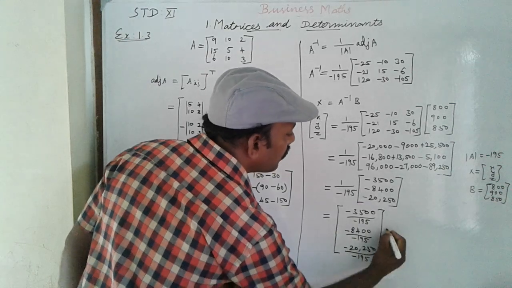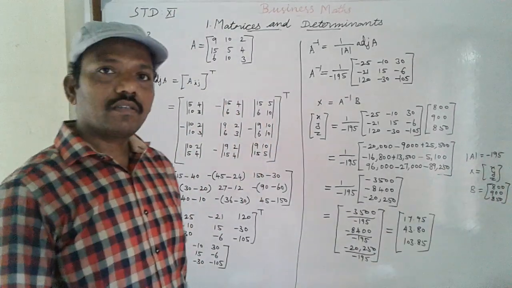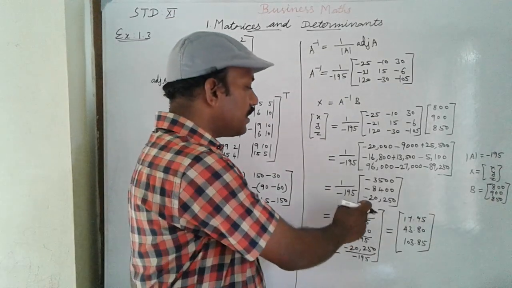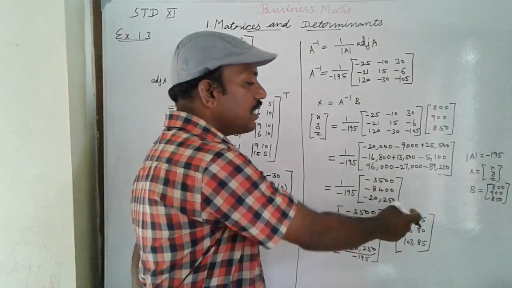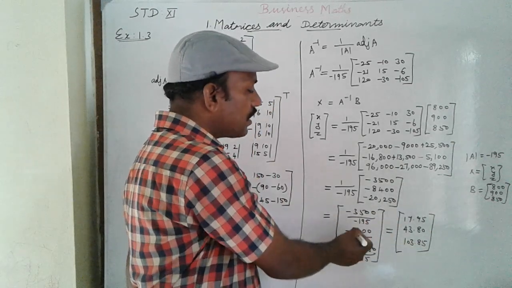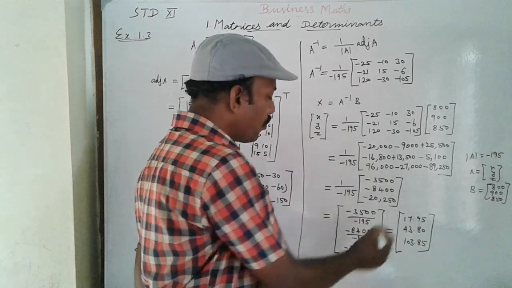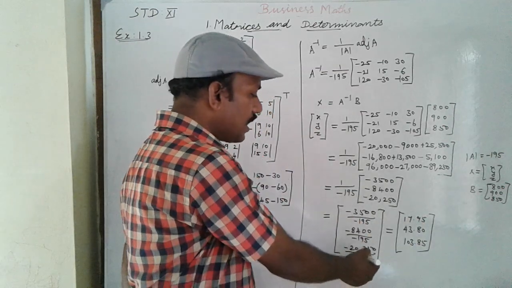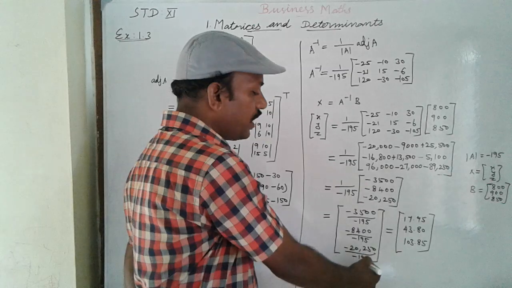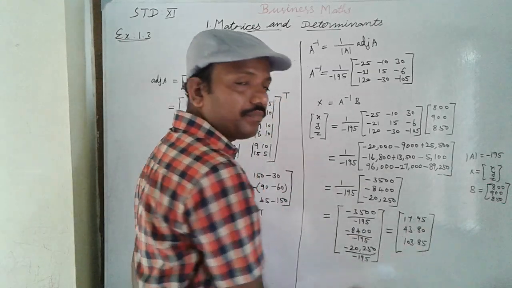We divide, then we get these values. Minus minus cancel, 3,500 divided by 195 is 17.95. Minus minus cancel, 8,400 divided by 195 is 43.80. Minus minus cancel, 20,250 divided by 195 is 103.85.